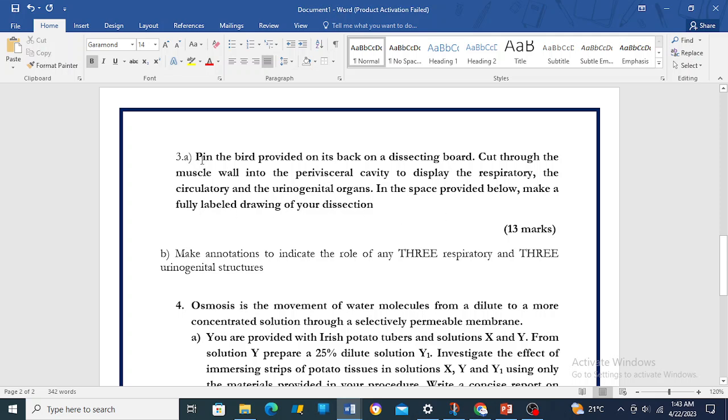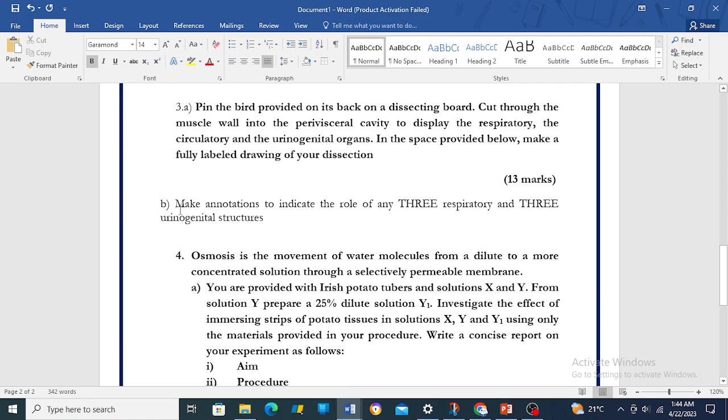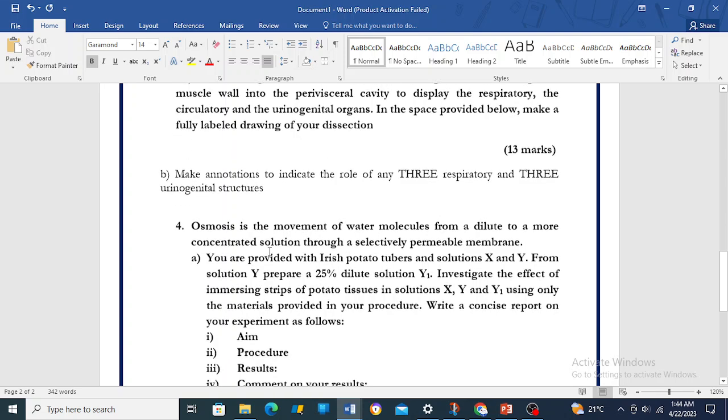So that's dissection of the bird, that's chicken actually, and they were asked to display the respiratory, the circulatory, and the urinogenital organs. Now B is saying make annotations to indicate the role of 3 respiratory and 3 urinogenital structures. That's all about dissection, 18 marks as well.